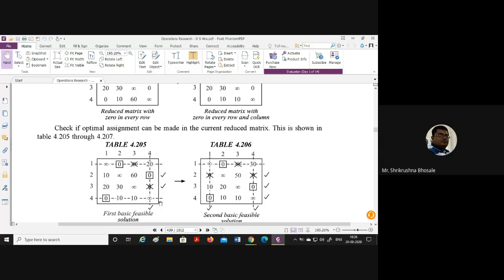Then as usual, find the minimum number from this, and subtract it from all the values, and where crossing is there you can add. Here 10 is the minimum number, so 20 becomes 30, and here infinity remains infinity, no problem.